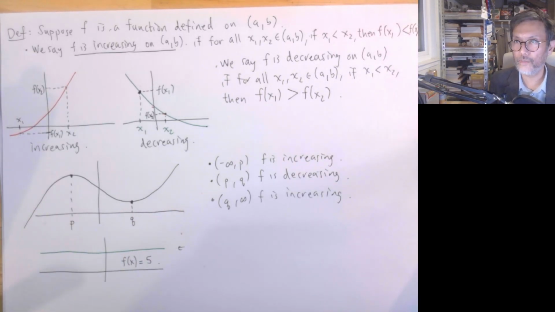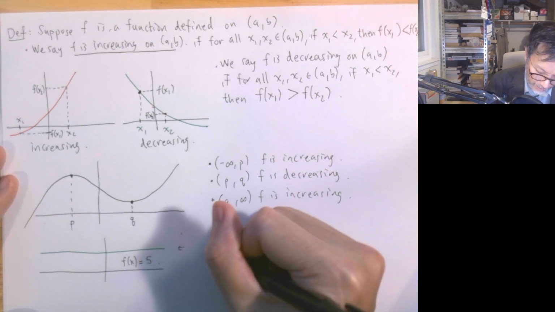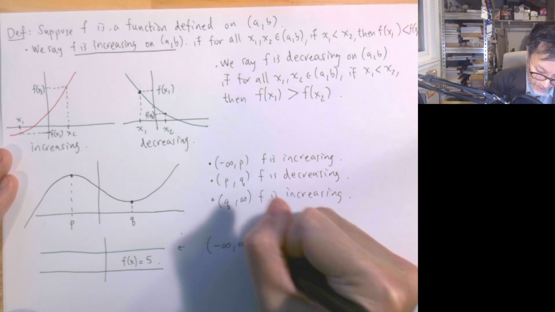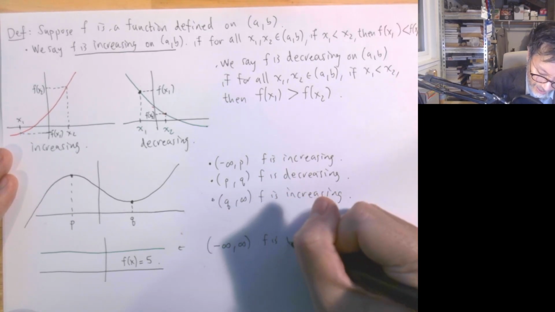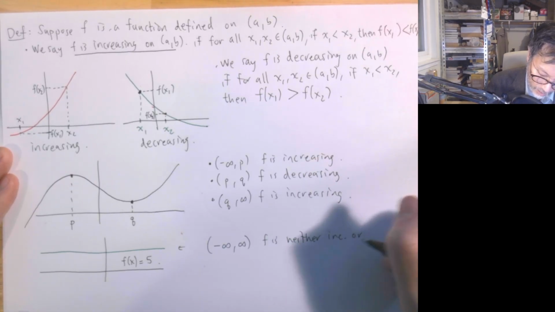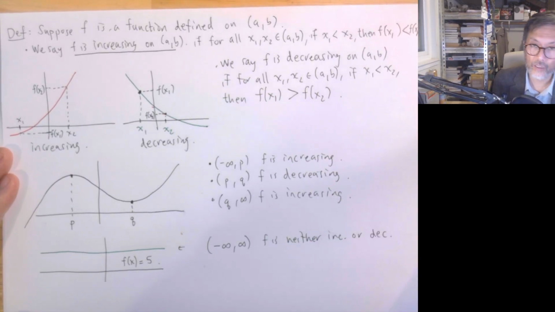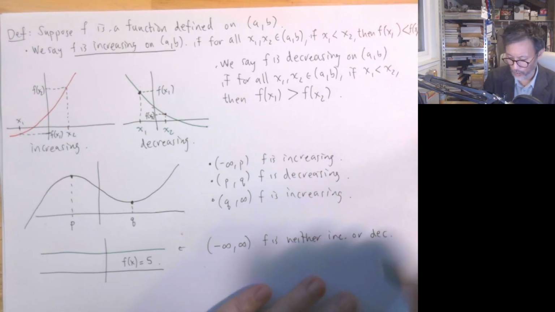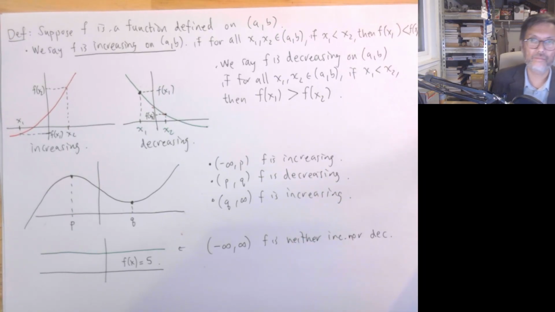Okay, a constant function. No matter what this function eats, it always spits out 5. Then we say that on the interval from negative infinity to infinity, f is neither increasing nor decreasing. Sometimes people write "or decreasing." It means the same thing. Okay. Yes?